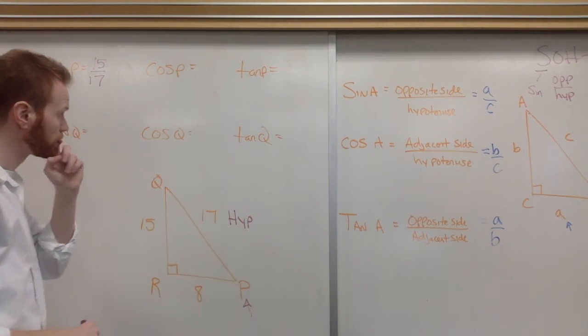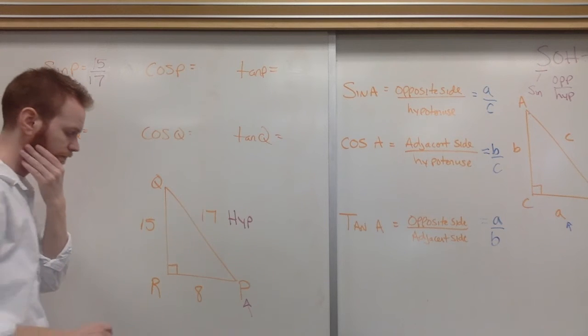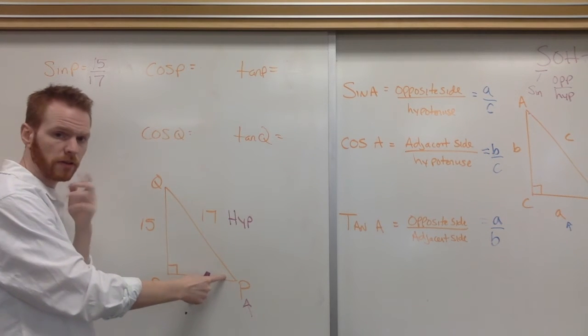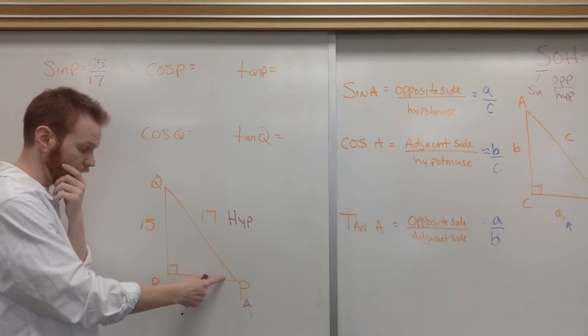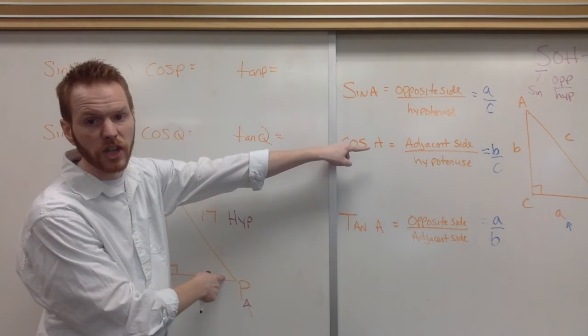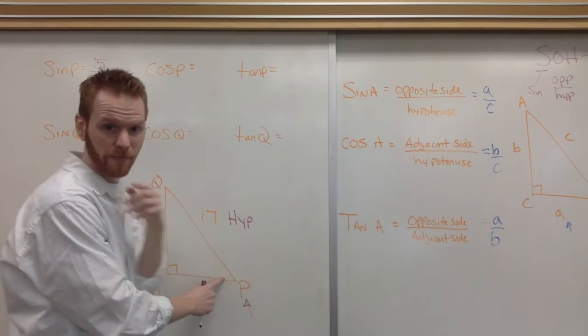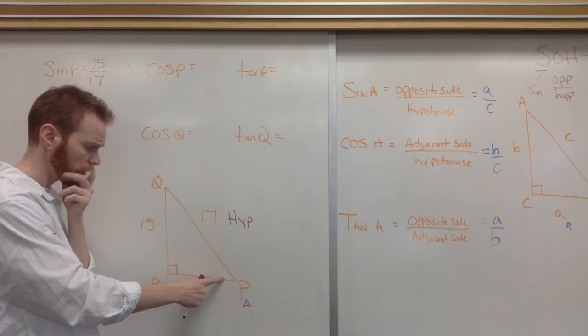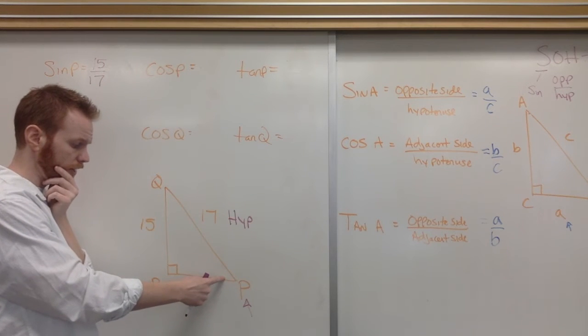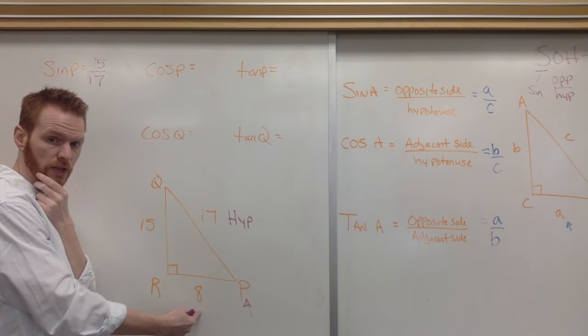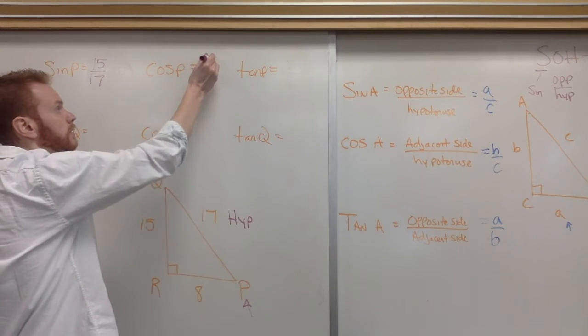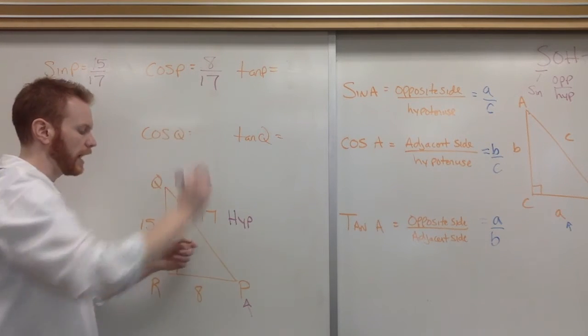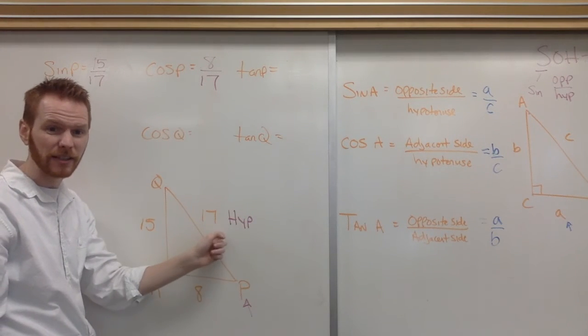Okay? All right, cosine's next. So here we're right here still. Cosine is the adjacent side over hypotenuse. That's the ratio that goes with that name. So that's going to be 8, which is next to it, over 17. Remember, I know 17 is next to this, but it already has a title.